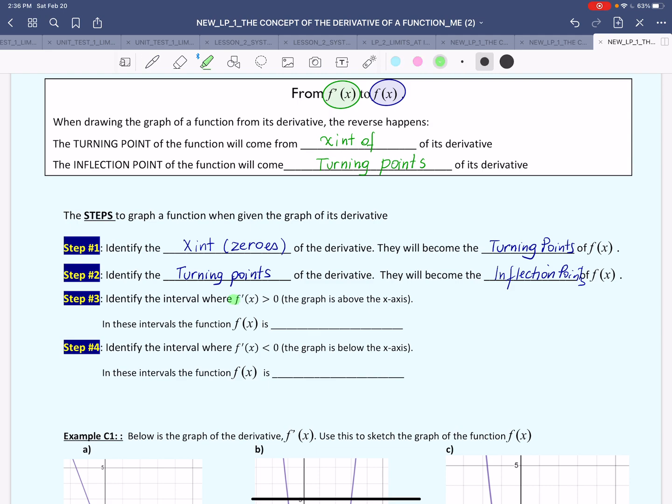If we know where f prime of x is positive, which by the way is easy to identify by just highlighting the part of the graph that is above the x-axis, they will be the increasing intervals of f of x.